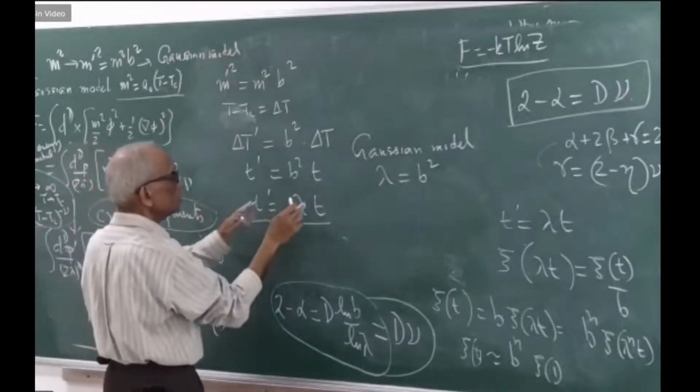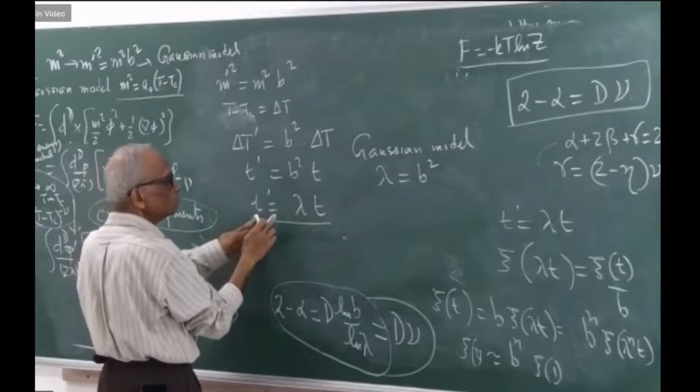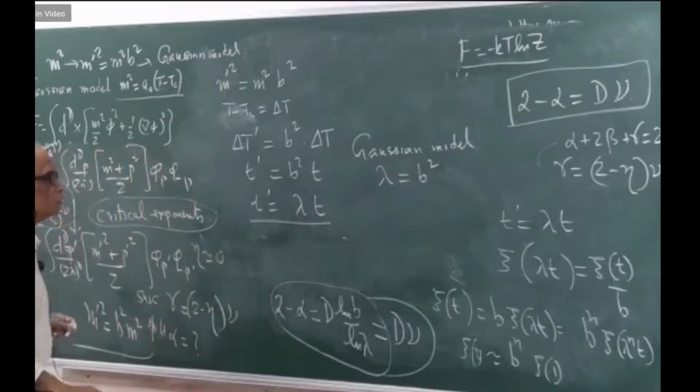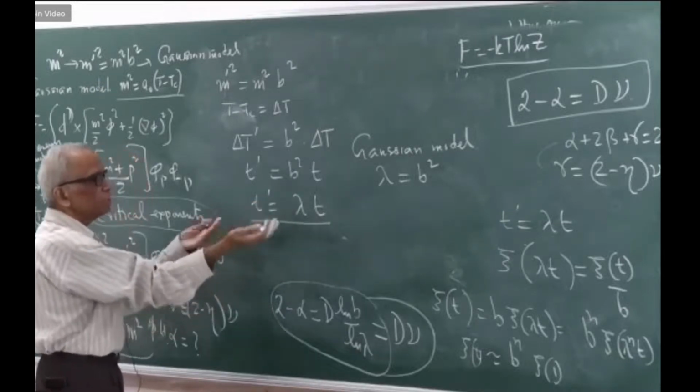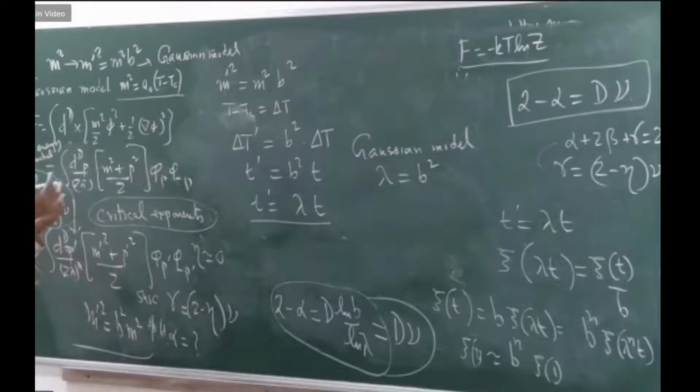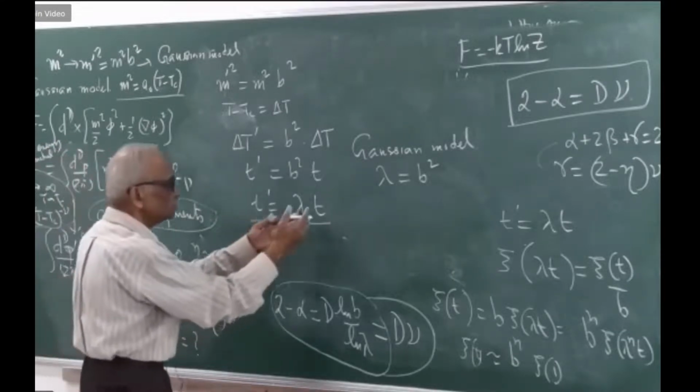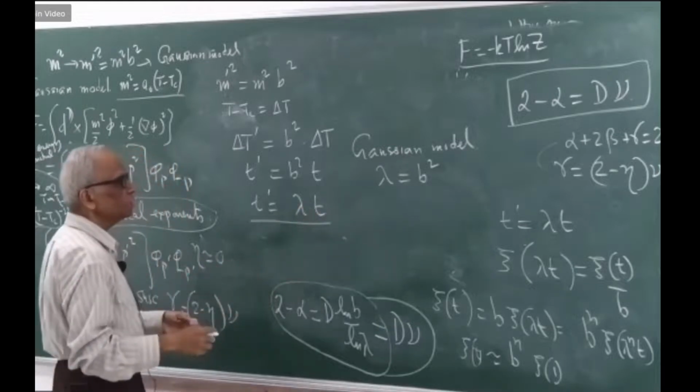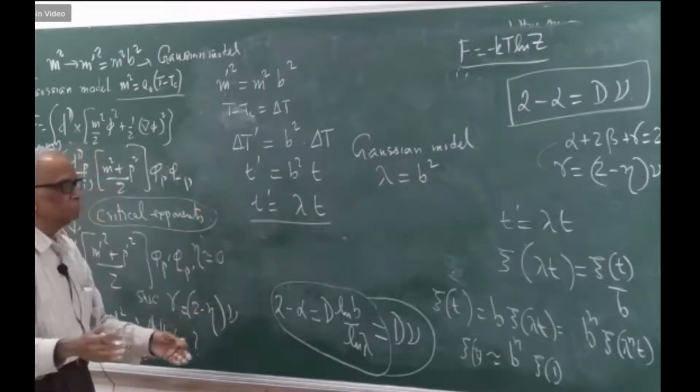This is the Gaussian model. This is general: t prime equal to lambda t. That just says that lambda is an eigenvalue for going from the set of variables which is t and other coupling constants to t prime and other coupling constants.